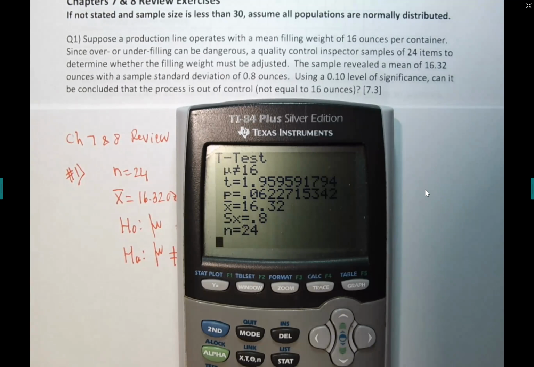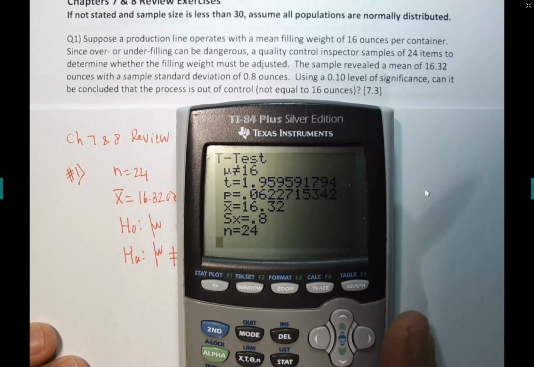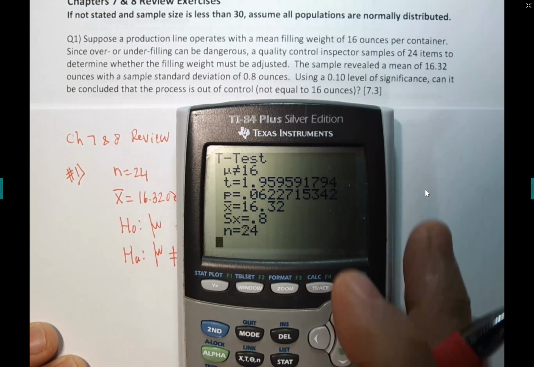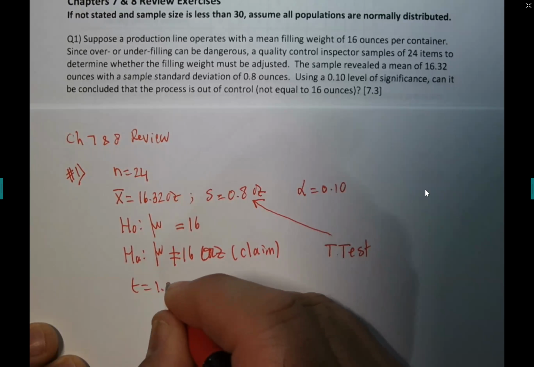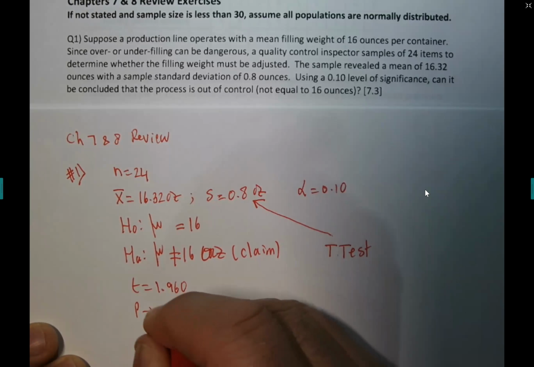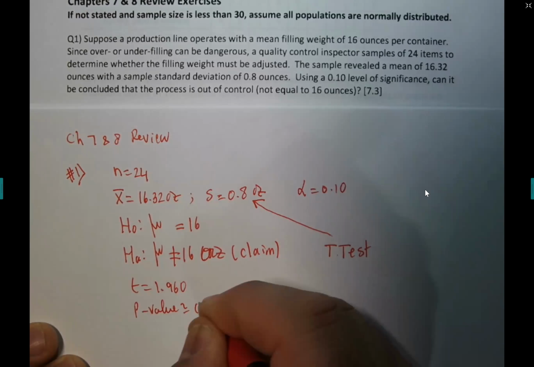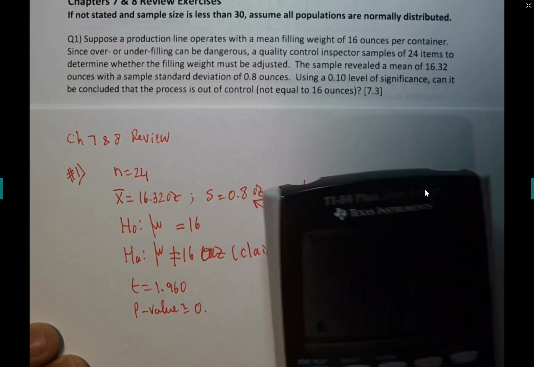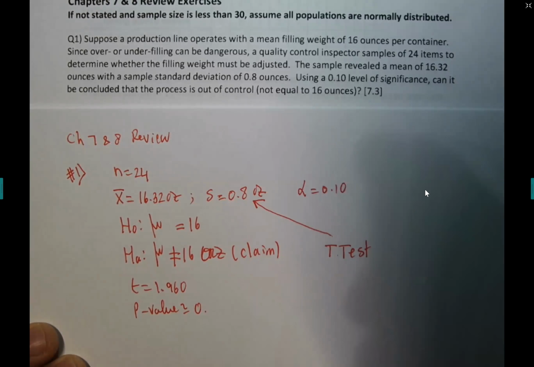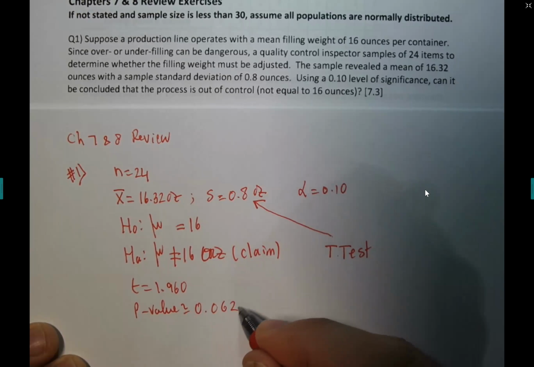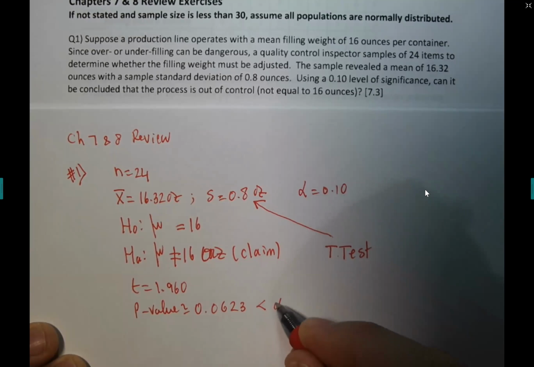So T is 1.95, and to 3 decimal places it is going to be 1.96. And the p-value, as you noticed, is 0.0623, which is less than alpha.